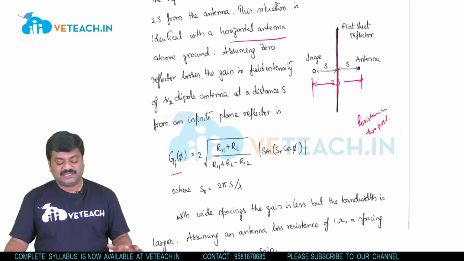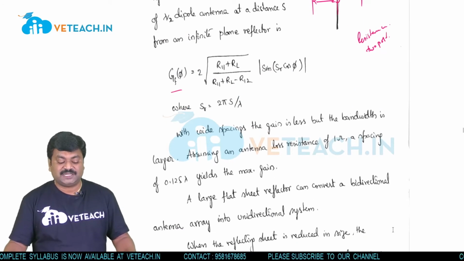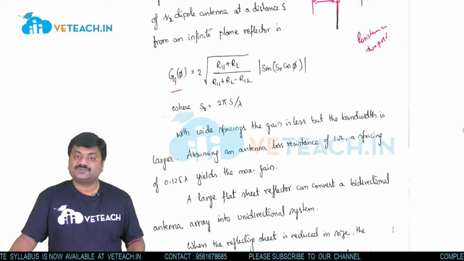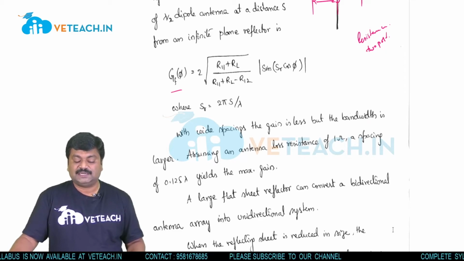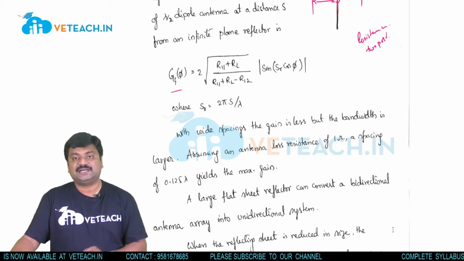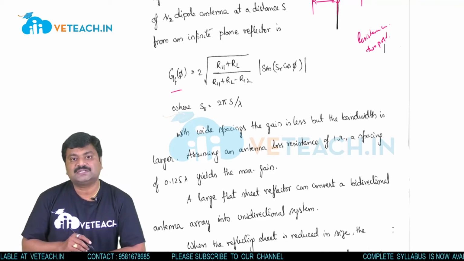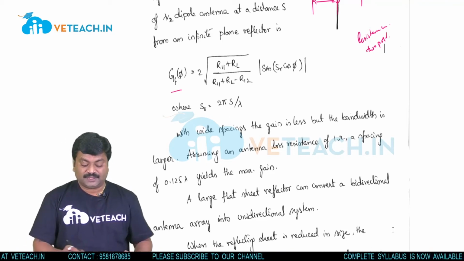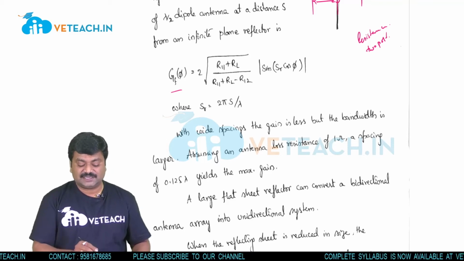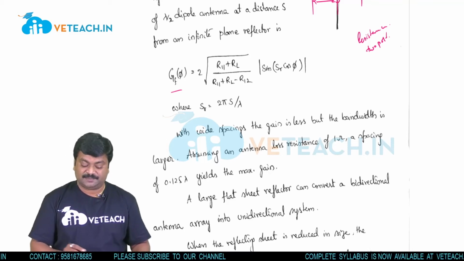That is the reason the gain is expressed in that way: 2 into the square root of (R11 plus RL) by (R11 plus RL minus R12), into the modulus of sin(SR cos phi), where SR is equal to 2 pi s by lambda.